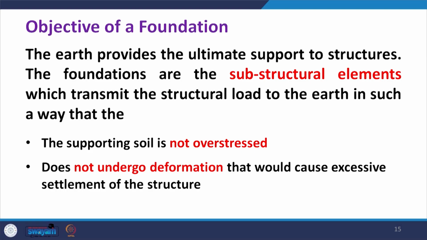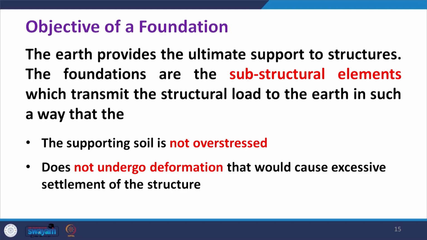We know that the earth provides the ultimate support to the structures, because whatever structures, whatever buildings, roads, bridges, all the loads need to be transferred to the ground, that is, to the earth. Foundations are nothing but the substructural elements which transmit the structure load to the earth in such a way that the supporting soil is not overstressed.